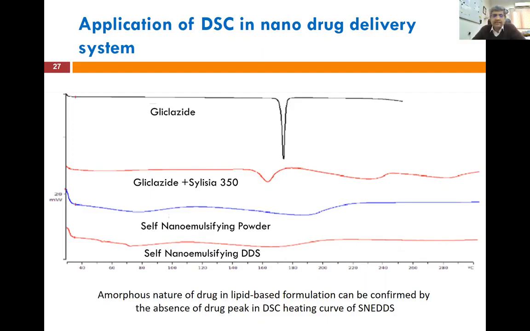The only direct evidence that we have is that gliclazide is not there in the crystalline form, since you are not observing any sharp endothermic event in any of the peaks that are contributed by the drug delivery system. Similarly, the amorphous nature of the drug in lipid-based formulations can be confirmed by the absence of drug peak in the DSC heating curve of the SNEDDS formulation.